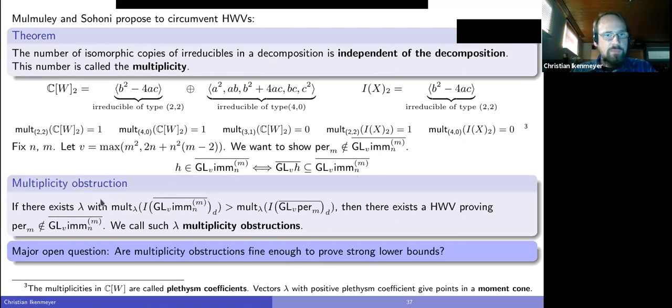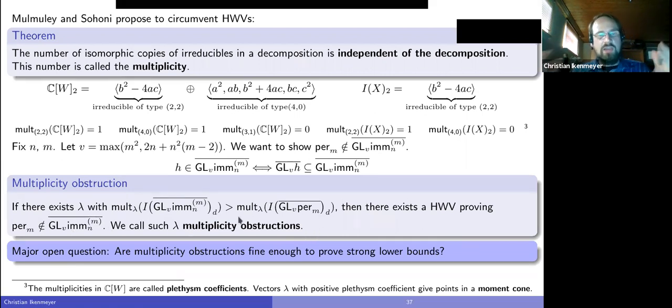This means that we can use the following approach. If there exists some lambda where the multiplicity in the vanishing ideal on the IMM side is bigger than the multiplicity in the vanishing ideal on the permanent side, then there must be some highest weight vector that proves the permanent does not lie in there. And those are called multiplicity obstructions.